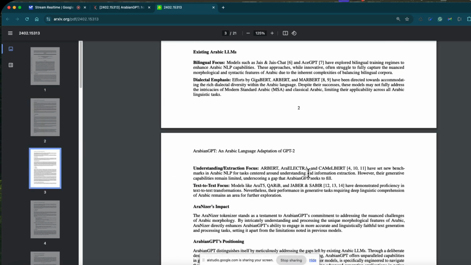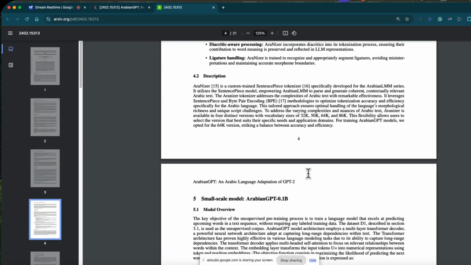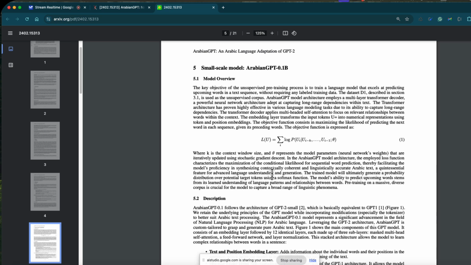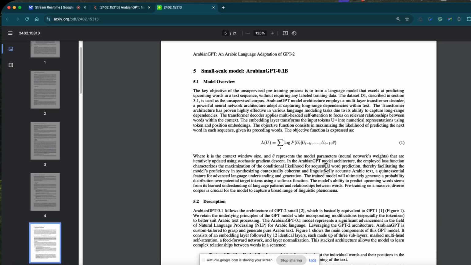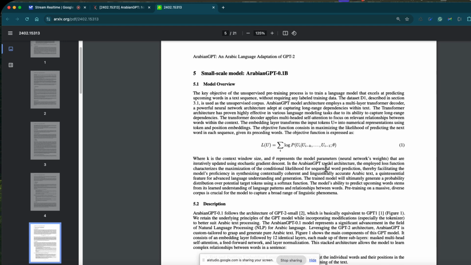That makes sense, okay? So there are a few things I didn't understand in this paper. It seems that they have used this objective function. Can you elaborate more about this objective function and how it is used in these types of language models? Certainly. The objective function, shown as a mathematical formula in the paper, is a way to quantify how well the language model is performing.